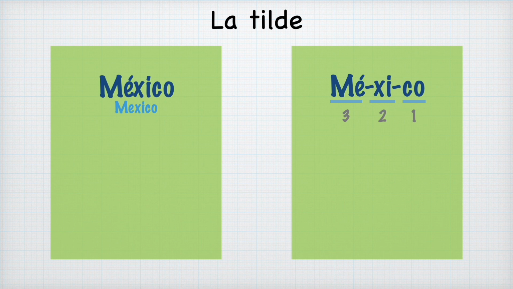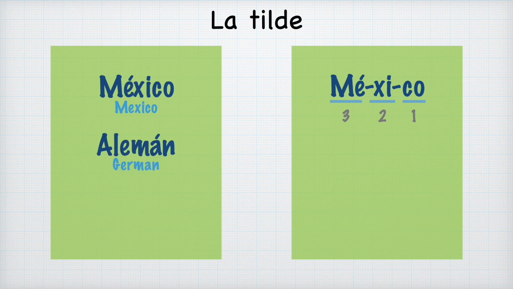So it should be Mexico. But for whatever reason, that's not how we wanted it to sound. So we add the accent to the vowel within the syllable that we want to stress. We want it to sound like Mexico. And that's why the E has the accent.